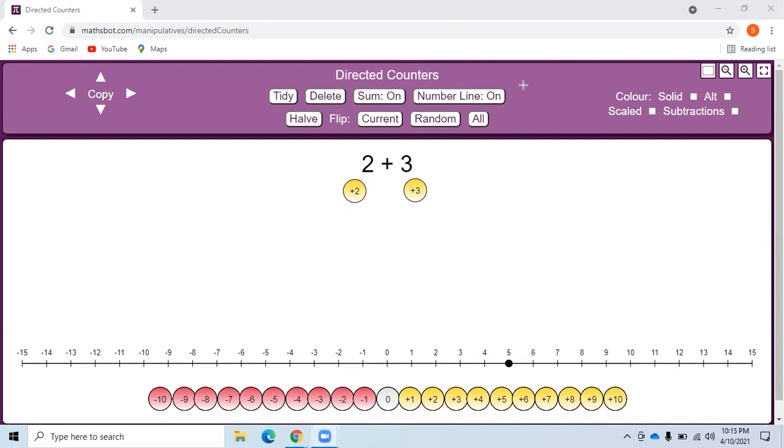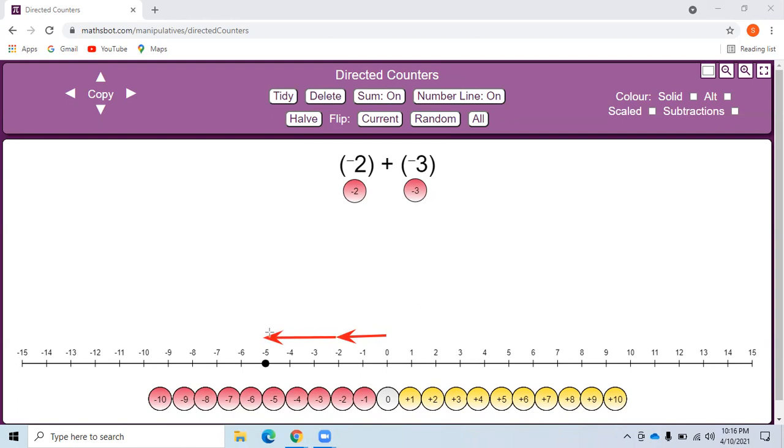What if we want to add -2 plus -3? We can show this also. Again, we're going to start at 0, and because we are adding a negative number, we're going to add a -2, and we're adding another negative number, so we're going to continue in the same direction and add another -3.